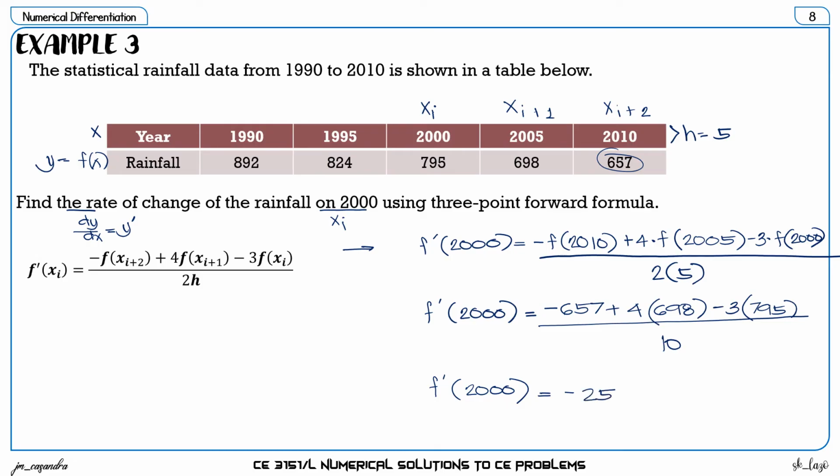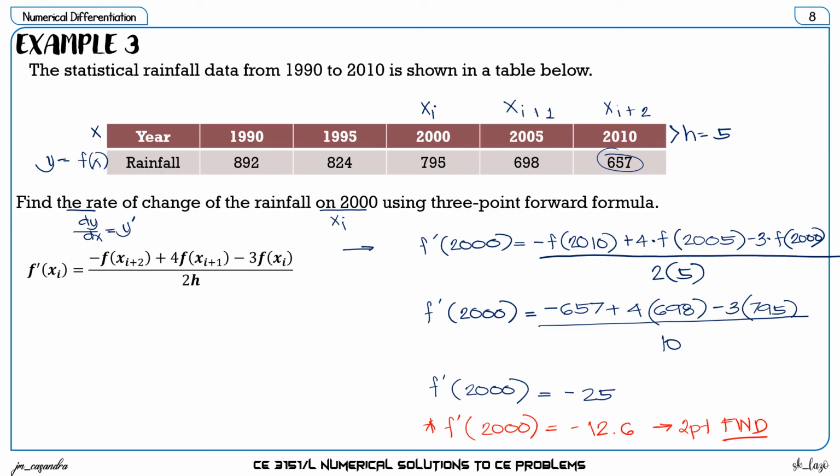25. Take note, if we're going to compare, the rate of change of rainfall for 2000 is equal to negative 12.6. This is using your 2-point forward difference.